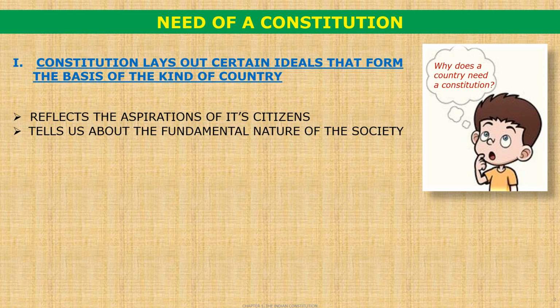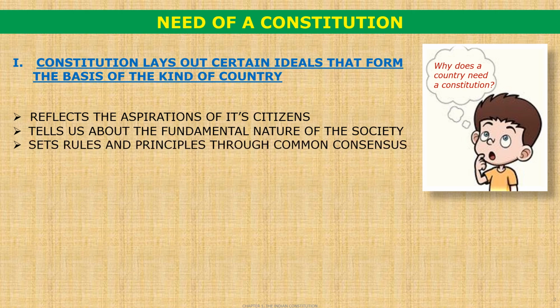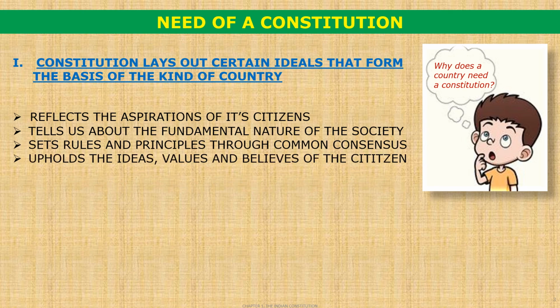It tells about the fundamental nature of the society where its citizens live. It sets rules and principles through common consensus. It upholds the ideas, values, and beliefs of the citizens. It also includes the type of government.